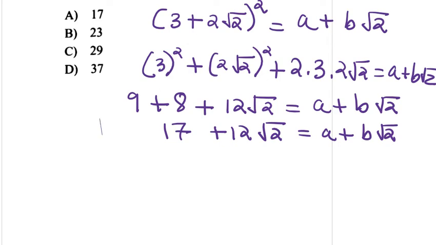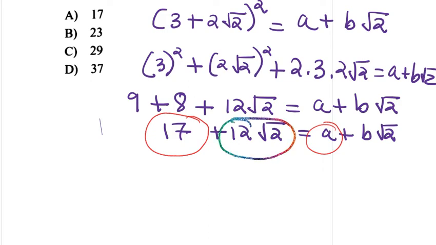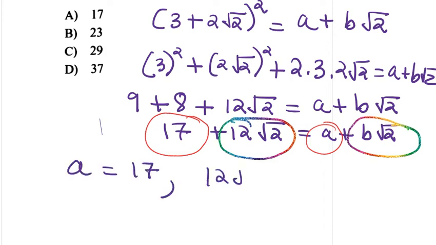Look, this part and this part is a, and this whole part and this whole part is b. So a is equal to 17 and 12√2 is equal to b√2. So √2 gets cancelled out, 12 is equal to b.